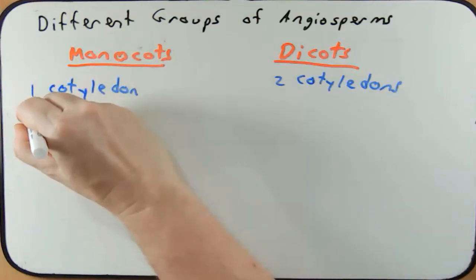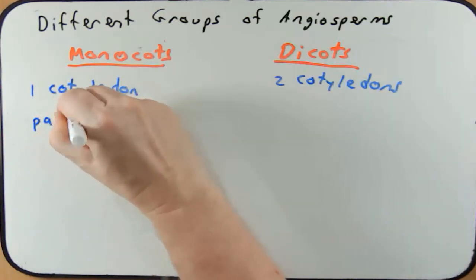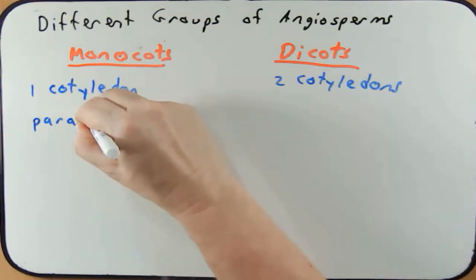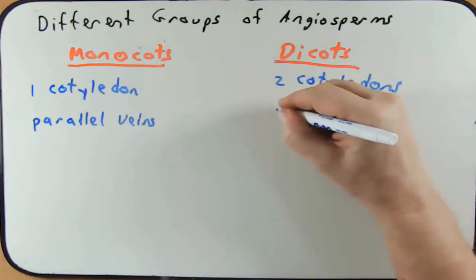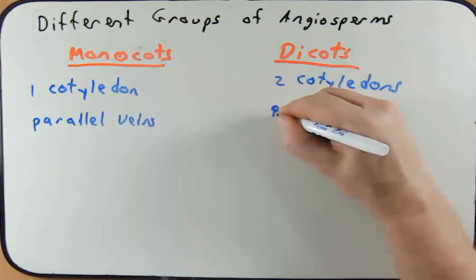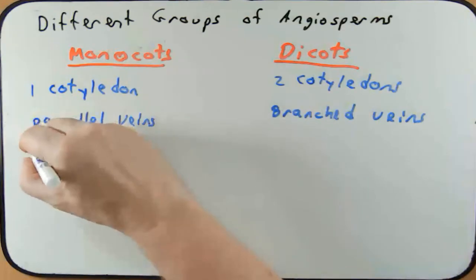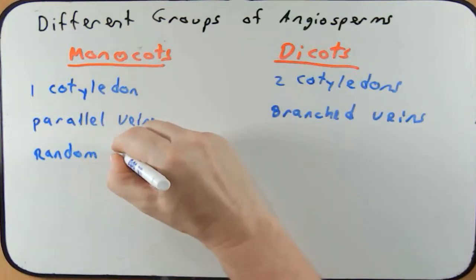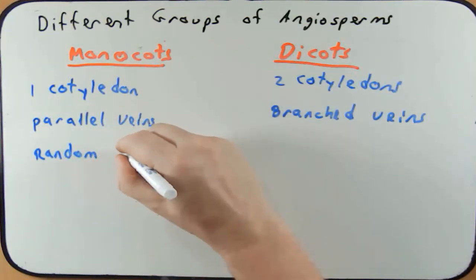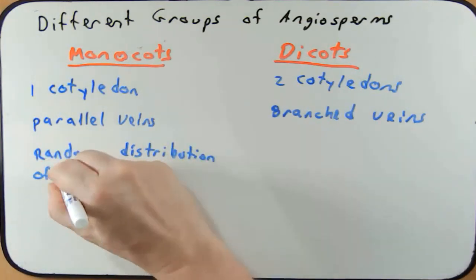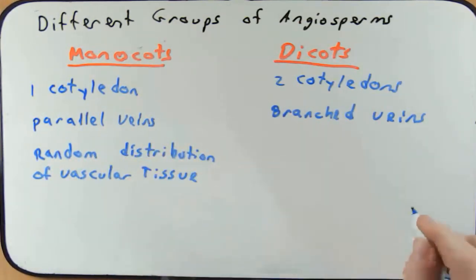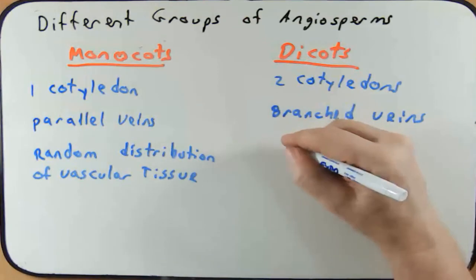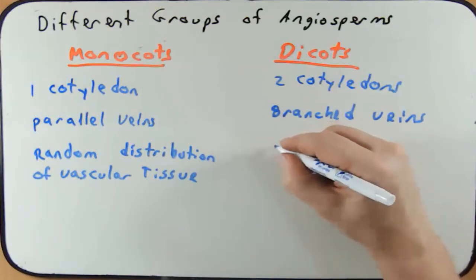Monocots usually have parallel veins in their leaves. The veins in a dicot are usually branched. Monocots have a random distribution of vascular tissues. Dicots have an orderly distribution of vascular tissues.